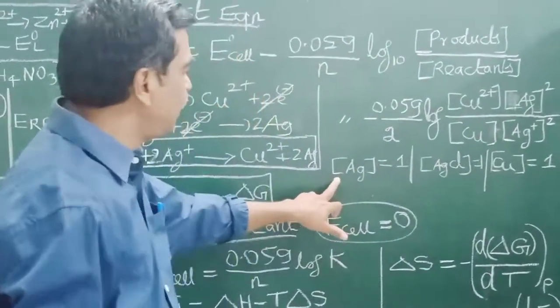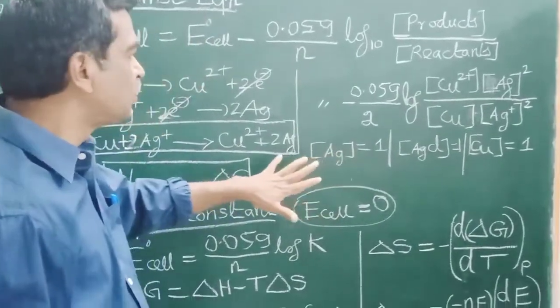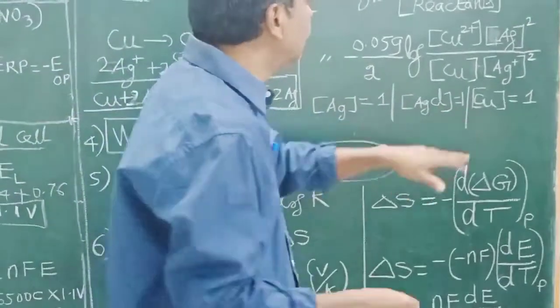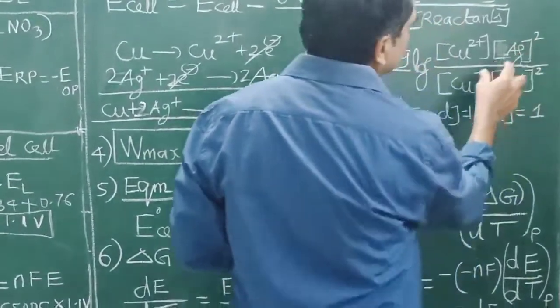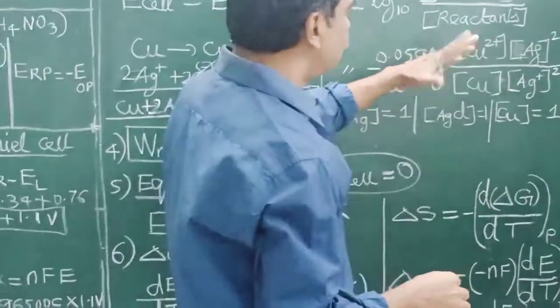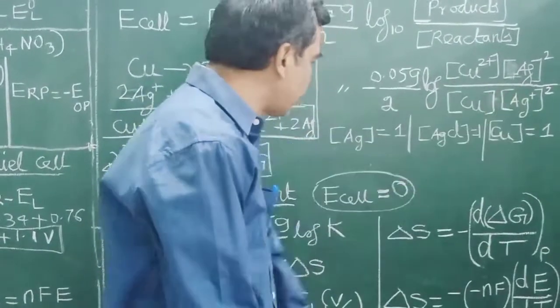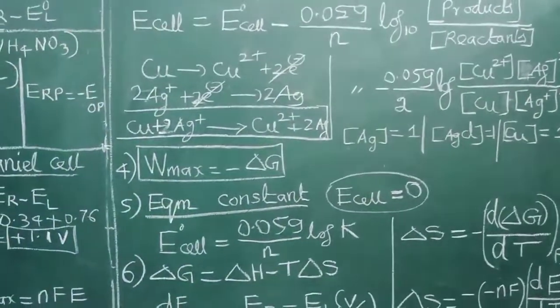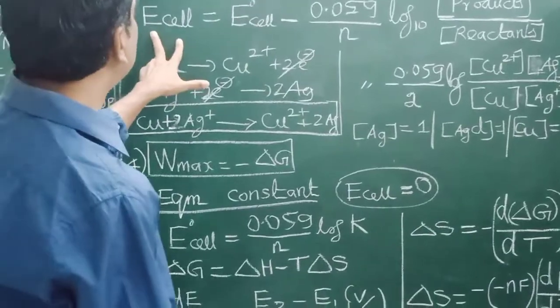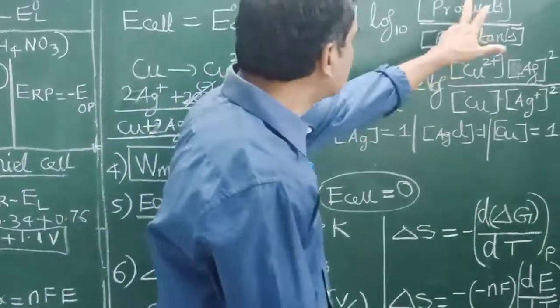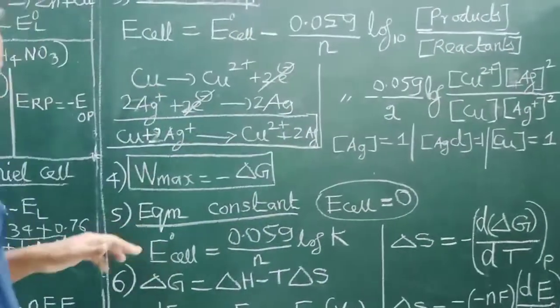The activity or the concentration of a solid substance is always equal to unity. Therefore, this will become 1, this will become 1. Therefore, it will be the ratio of copper 2 plus concentration and the square of the silver concentration. So it gives the relationship between the electrode potential and the concentrations of the reactants and the products.